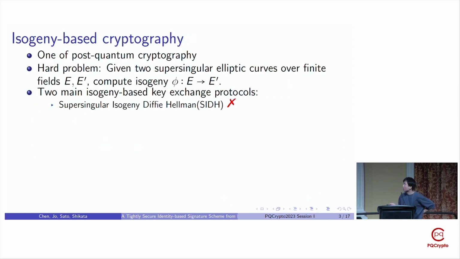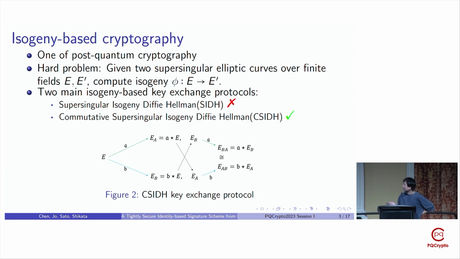Isogeny-based cryptography is one of the potential post-quantum cryptography. The underlying hard problem is to compute a morphism, usually called an isogeny, between two given supersingular elliptic curves over a finite field. There are two main sorts of isogeny-based key exchange protocols: one is SIDH and the other is CSIDH.